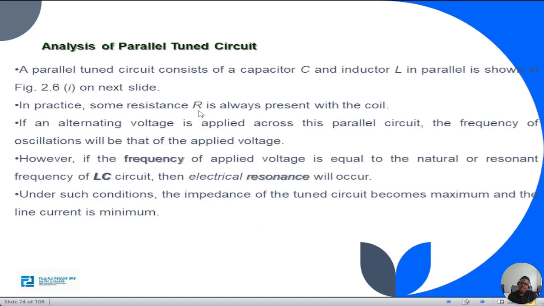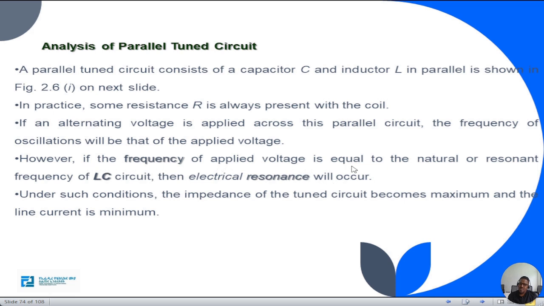In practice, some resistance R is always present with the coil. If an alternating voltage is applied across this parallel circuit, the frequency of oscillation will be that of the applied voltage. However, if the frequency of the applied voltage is equal to the natural or resonant frequency of the LC circuit, then electrical resonance will occur.